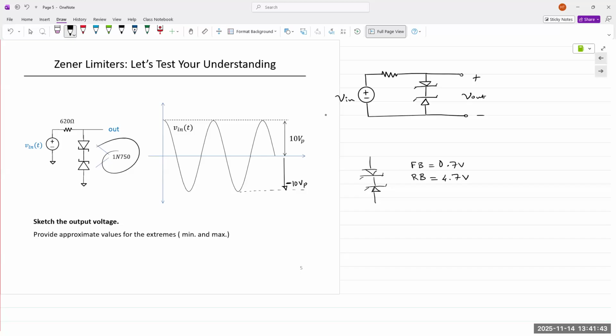So at any given point in time in the circuit, both diodes will never be forward biased or both reverse biased. One or the other must be forward and reverse, right? So the total voltage drop across that branch is 0.7 plus 4.7. That's 5.4 volts. You need a minimum of 5.4 volts to turn on both diodes.